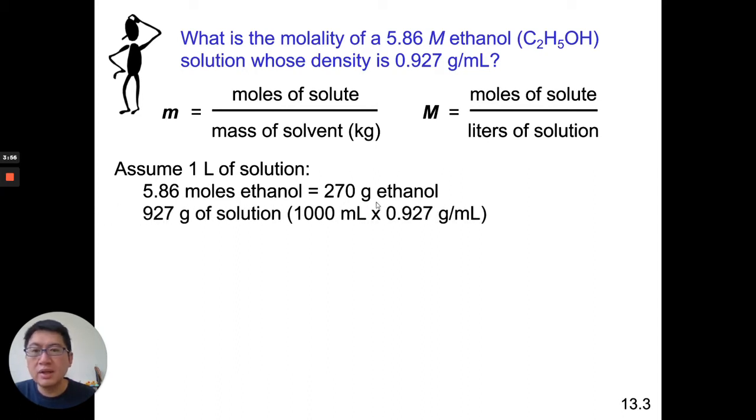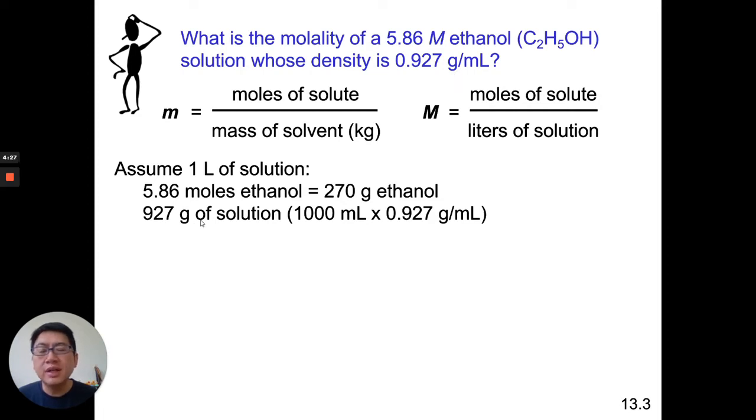I have 927 grams of solution. How do I know that? 1 liter is 1,000 milliliters. If you have 1,000 milliliters of solution and the density is 0.927 grams per milliliter, you have 927 grams of solution.